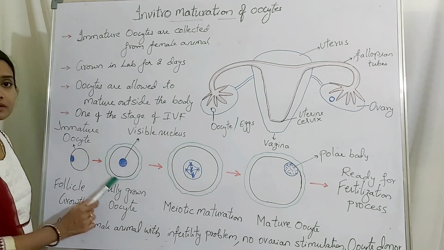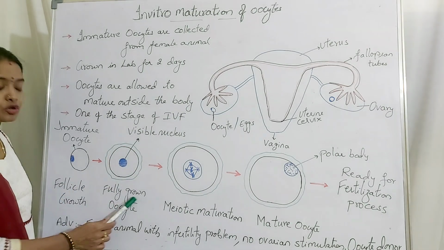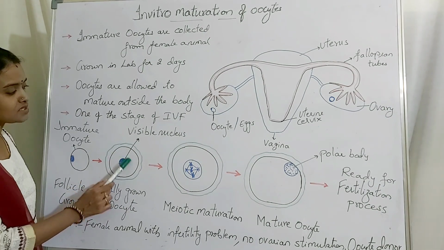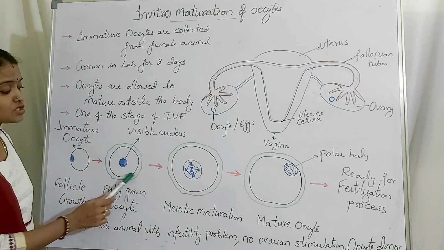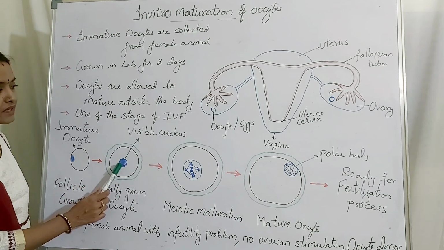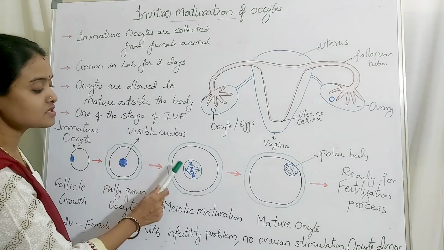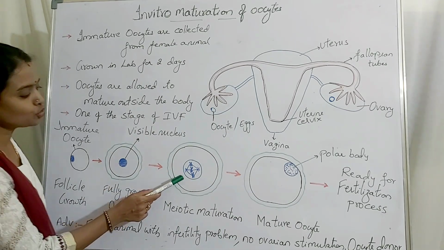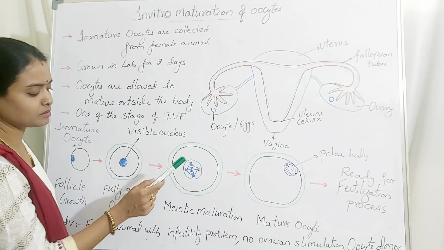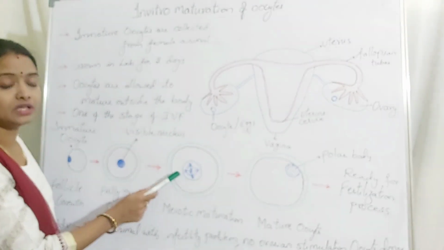A fully grown oocyte consists of a visible nucleus. Then on the second day it will start undergoing meiotic division, right? You can observe the meiotic maturation of the oocyte.